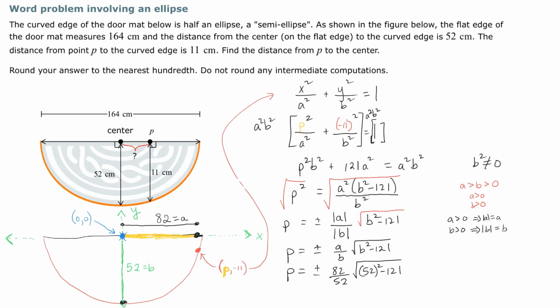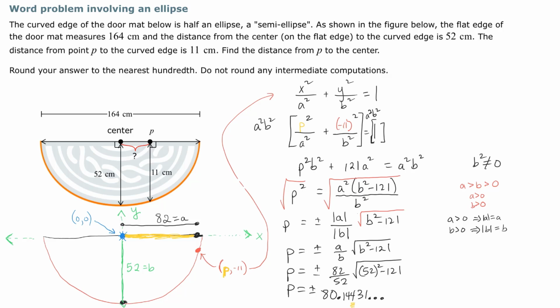You should get p here is equal to plus or minus 80.14431, and of course there's lots of decimal places after that. We're trying to round to the nearest hundredth, so why don't we look at the thousands place? The thousands place is a 4, so we're going to round this down to 14 hundredths.